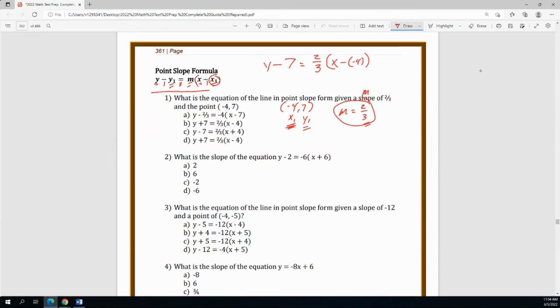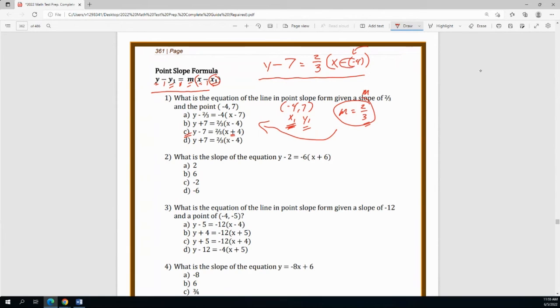Now, there's a couple of things that we need to do. One is, when you're looking at this, you're like, well, let me look at these answers, and I don't see one that looks like that. This one's close, except it has a +4. And I'm going to say, yeah, that's right. But look at what we have over here.